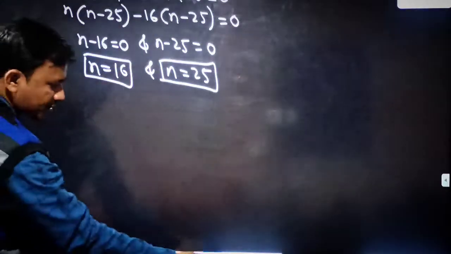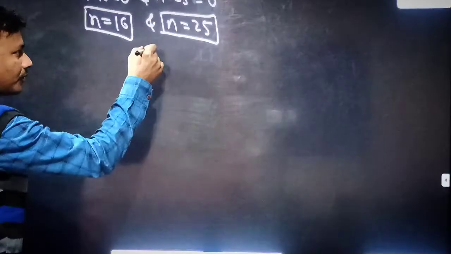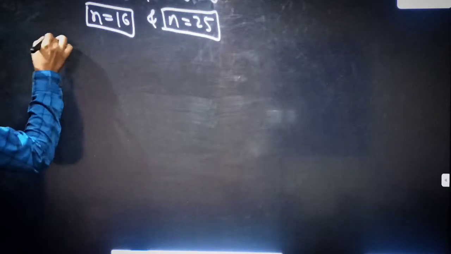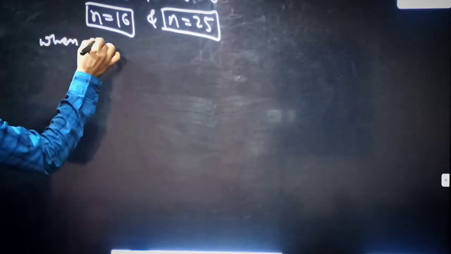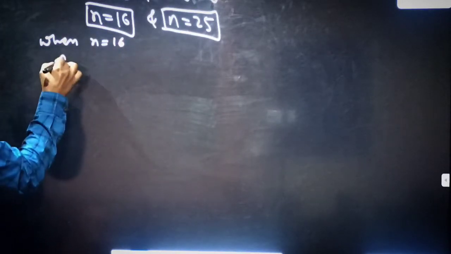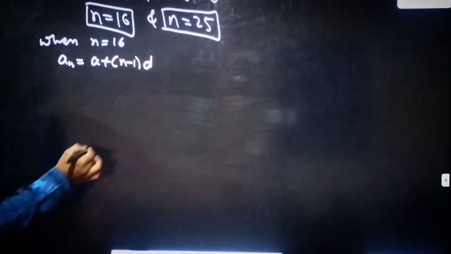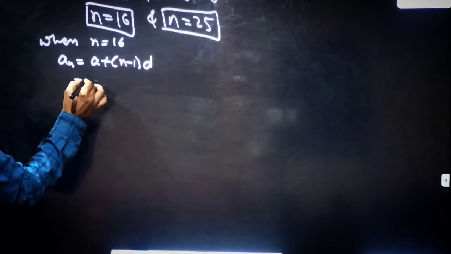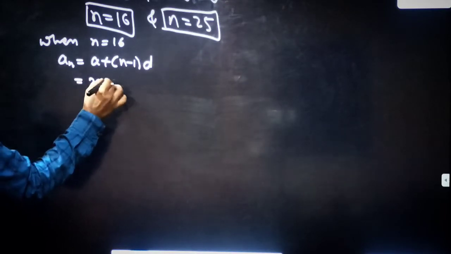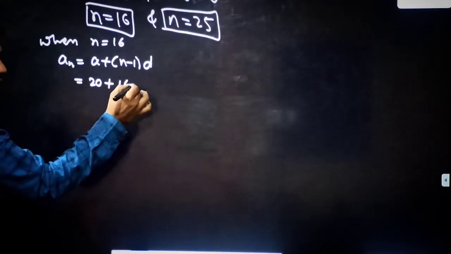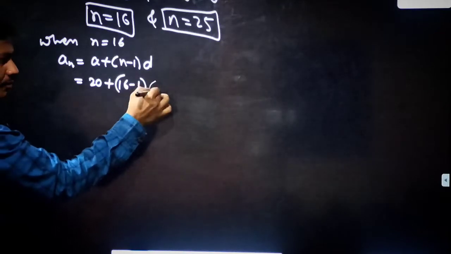We need to find out first an value. Let us consider n is equal to 16. When n is equal to 16, then an is equal to a plus in bracket n minus 1 into d. What is a value? 20 plus 16 minus 1 into d, where d is minus 1.